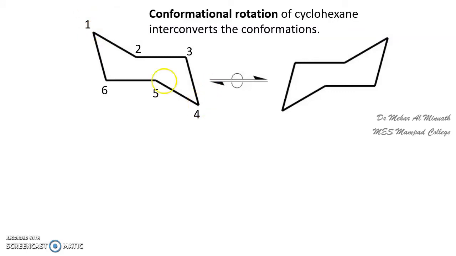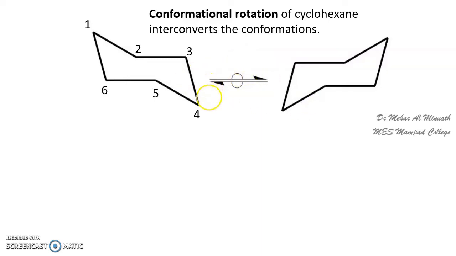When it flips, carbon 1 goes below the plane and carbon 4 becomes above the plane. So whichever carbon atoms were above the plane go below the plane, and whichever were below go above the plane during ring flipping.